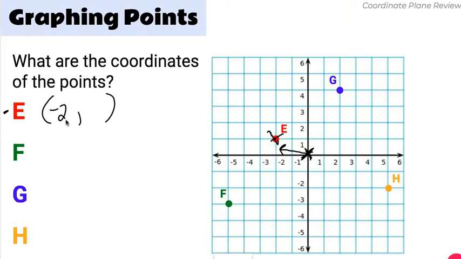So my x-coordinate is -2. Then I move up 1 place, so it's +1. Remember, if you move to the left, it's negative, the right is positive. Down is negative, up is positive.